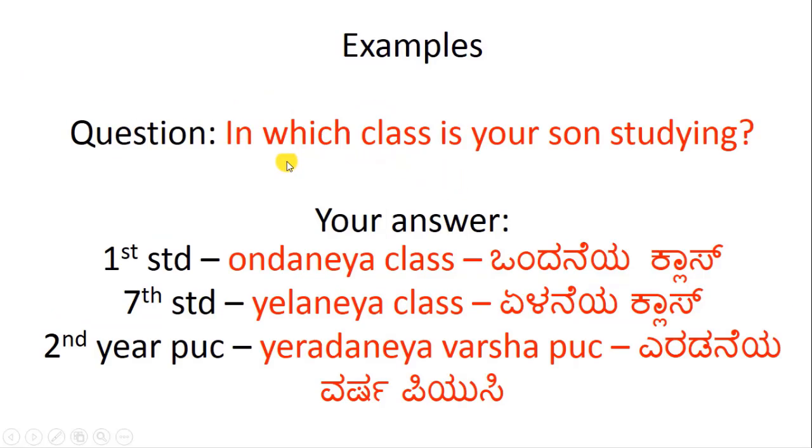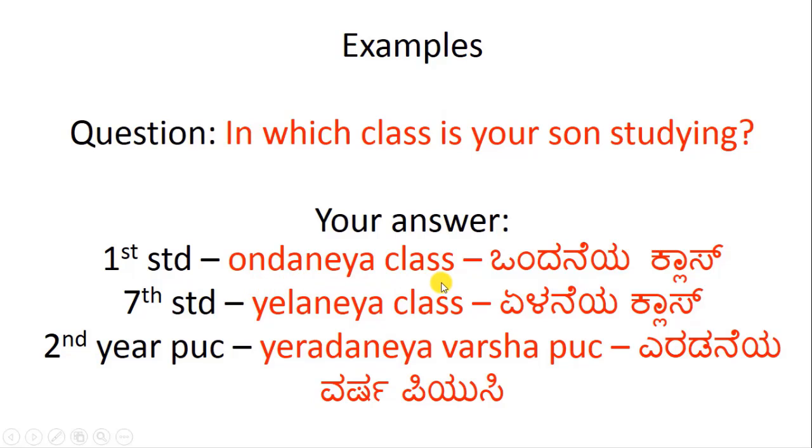If someone asks you, in which class is your son studying? Then you can say first standard, 7th standard, second year PUC, in English. If you want to say it in Kannada, you can say Vandaneya class instead of first standard.